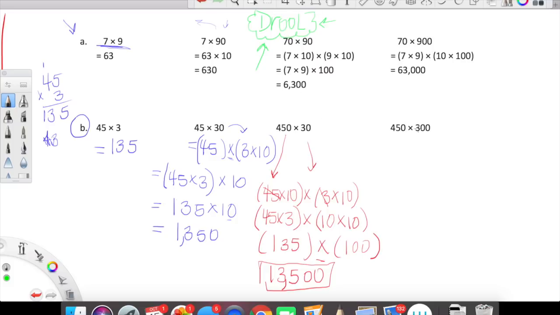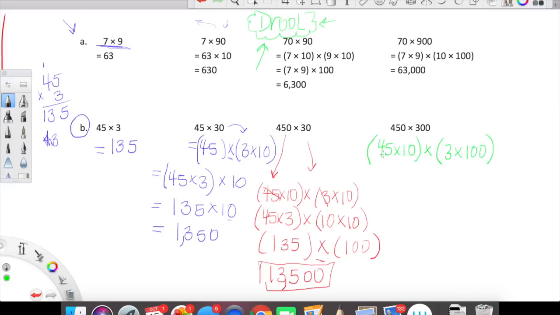Let's look at 450 times 300 now. We're going to decompose both of these, and then we're going to rearrange them using the associative and commutative properties, and then figure out what our final product is. So we're going to rewrite 450 as 45 copies of 10. That's our first decomposition. And then we're going to decompose 300 as 3 copies of 100.